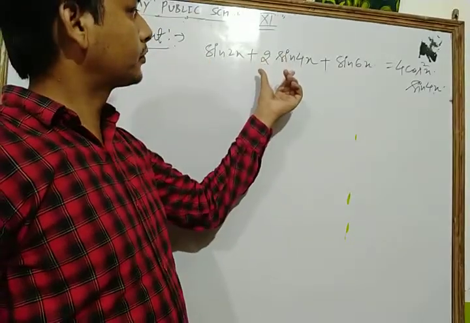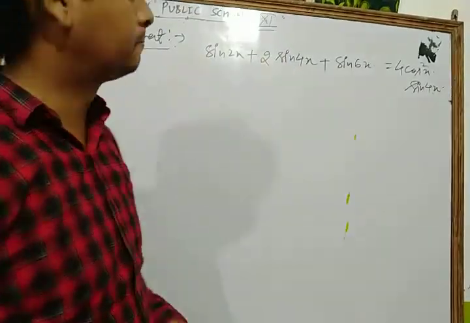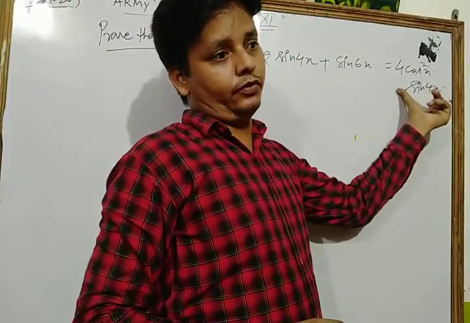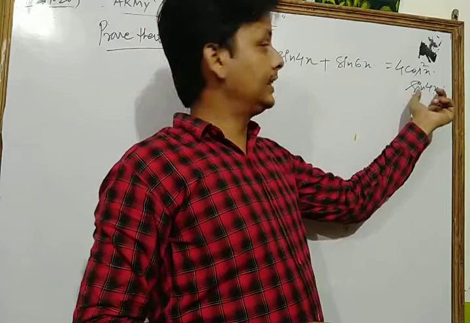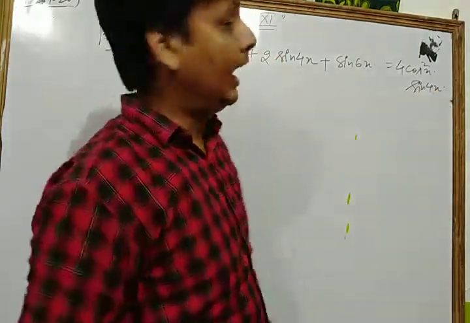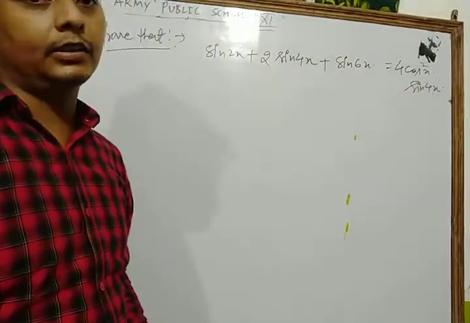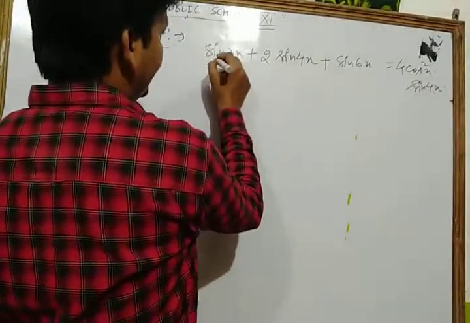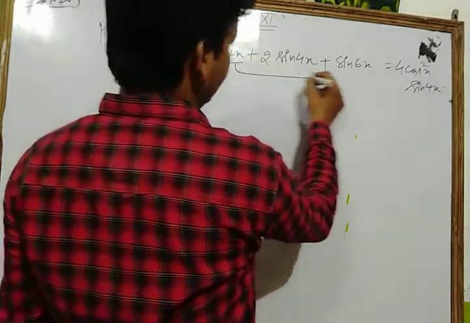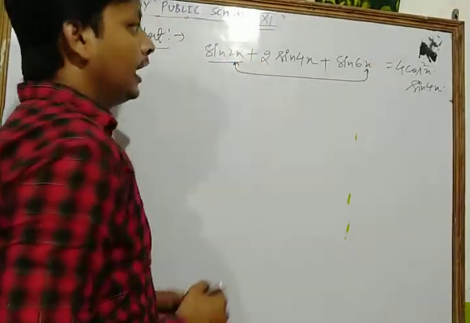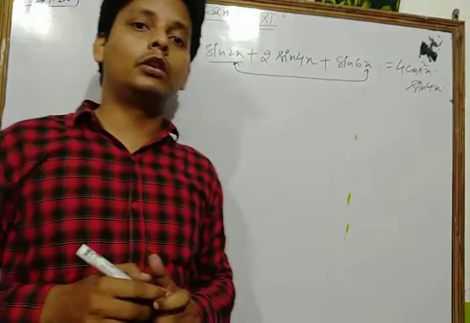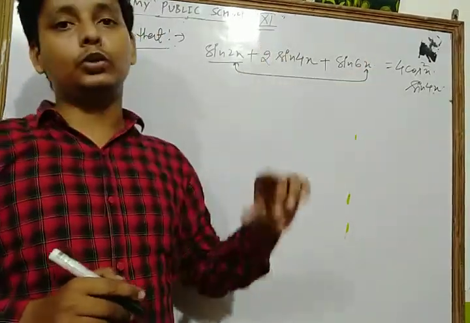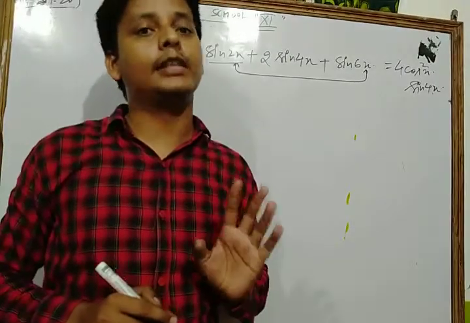Okay, now let's see. First you see your result. What is the result of that question? That is sin 4x, and when do we get sin 4x? If we take sin 6x and sin 2x together and apply the formula of sin c plus sin d, then 6x plus 2x by 2, that is 8x by 2, and we get 4x.